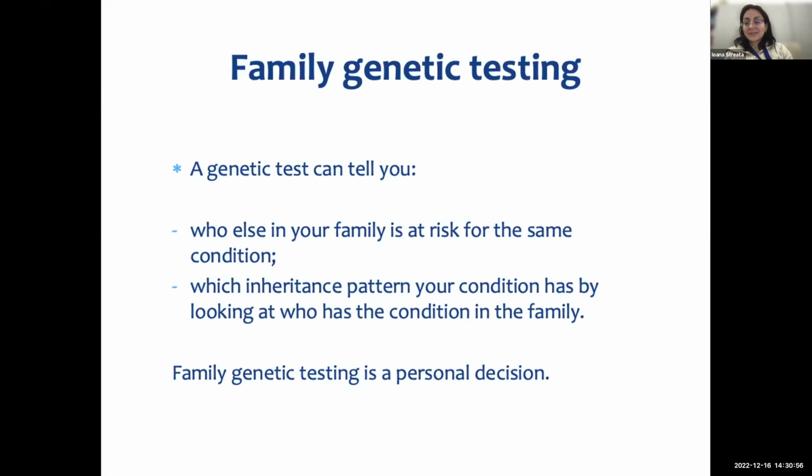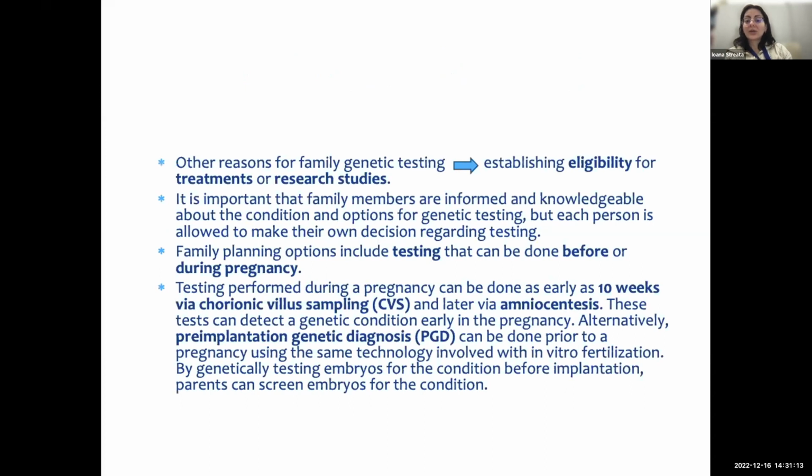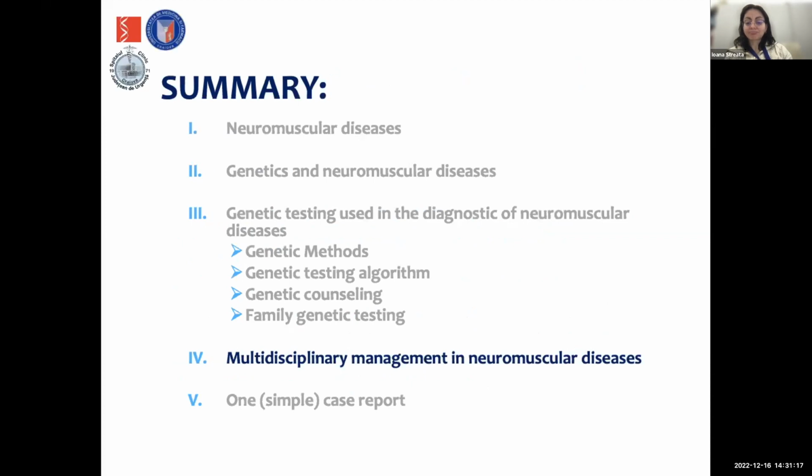But genetic testing is always a personal decision. The genetic counselor or the geneticist just recommend and explain, but the patient and his or her family will always decide if they want to do the test or not.